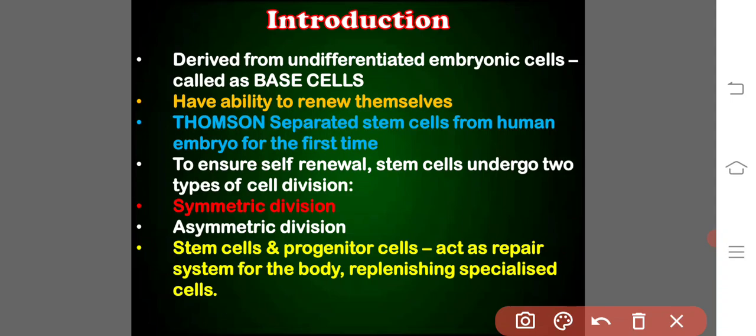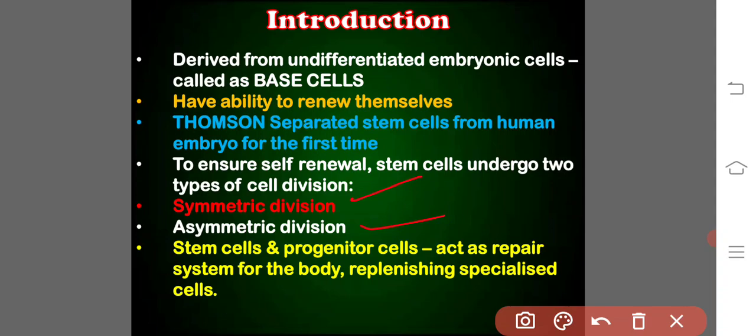To ensure self-renewal, stem cells undergo two types of divisions. They are symmetric divisions as well as asymmetric divisions. In symmetric division, stem cells give rise to two identical daughter cells. In asymmetric division, stem cells produce only one stem cell and a progenitor cell with limited self-renewable potential.